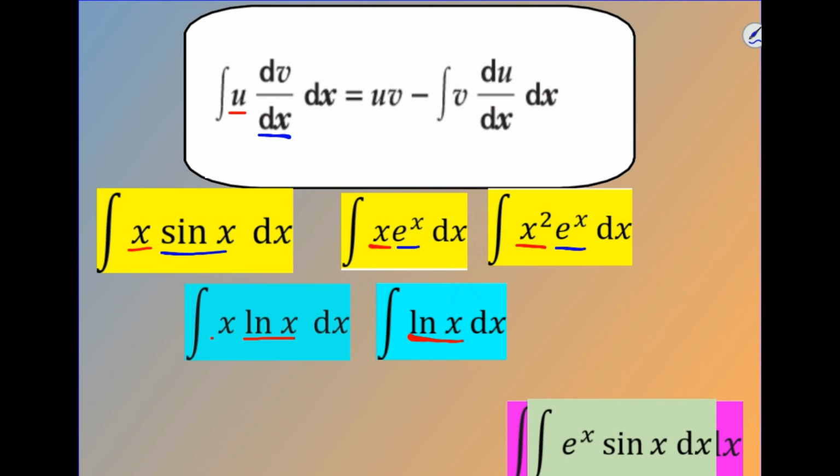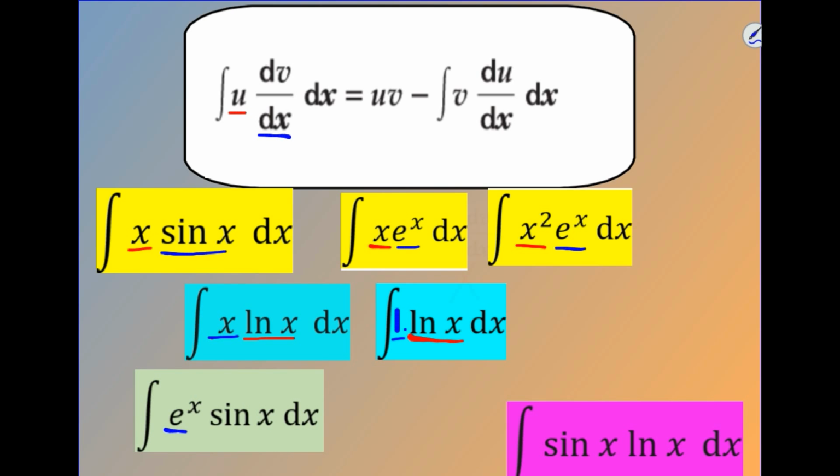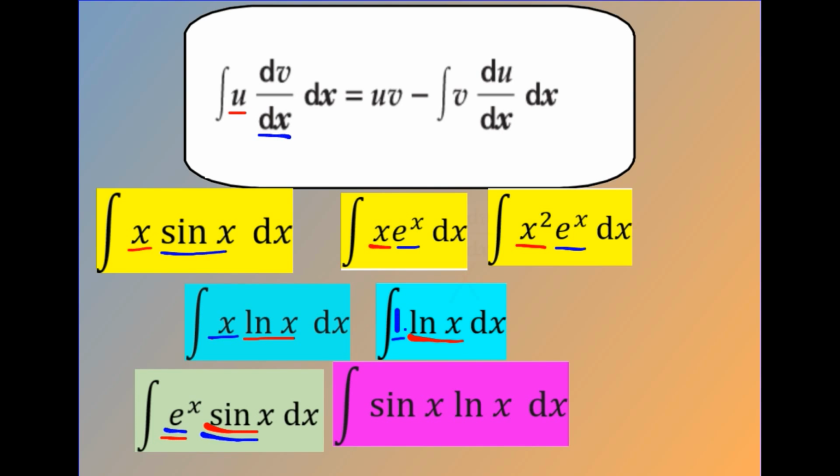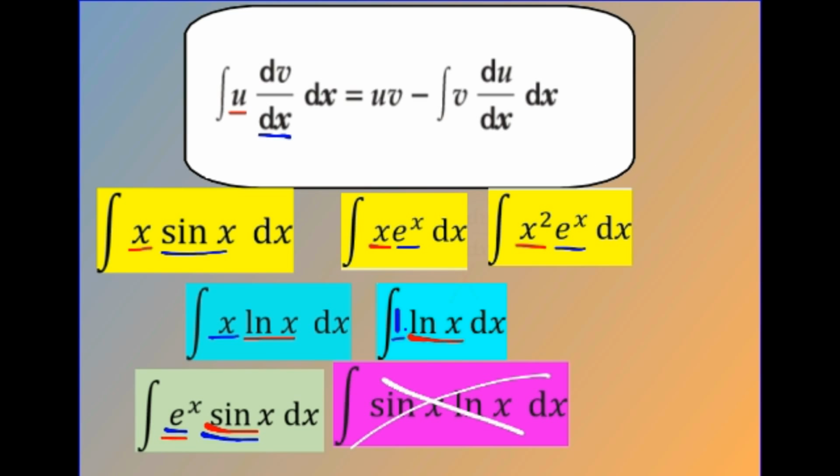This time our u will be the log function, and our dv by dx will be either x or 1. Here, when we have the exponential multiplied by the trigonometric function, it doesn't matter which way round. You've just got to be careful and ready for a very, very long question. And finally, the trig logarithmic won't work at all.